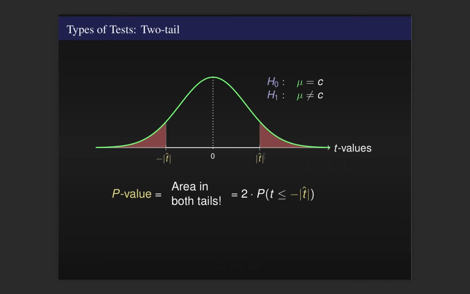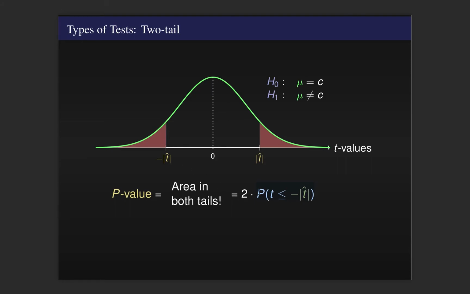The p-value ends up being the area in both of these tails. And the shortcut way of computing this is to just look at the left tail. So the probability your t-distribution is less than or equal to the negative absolute value of t hat. Again, this looks scarier than it is. It's just going to be take whatever test statistic value you have and make sure it's a negative version of it.